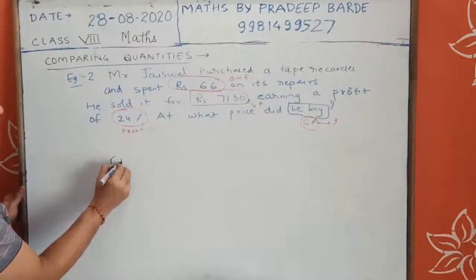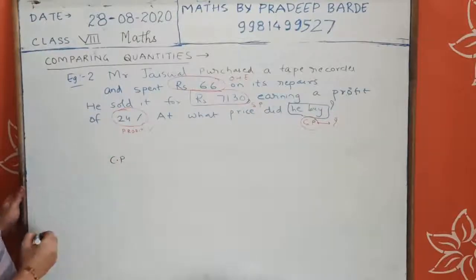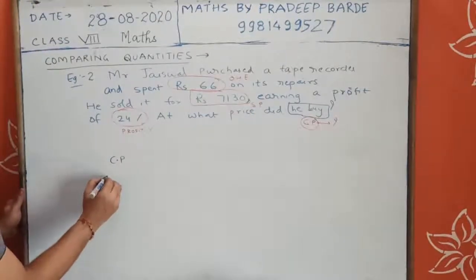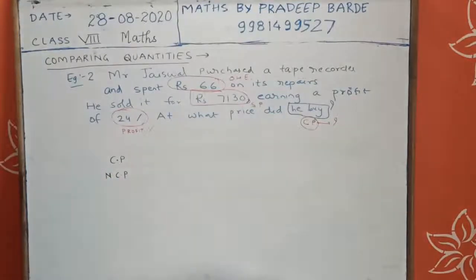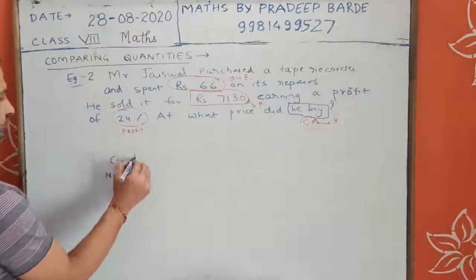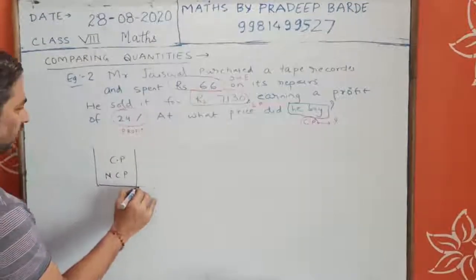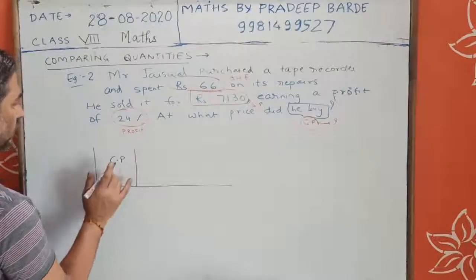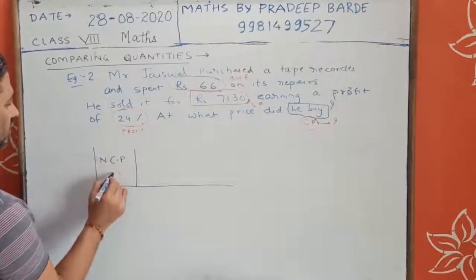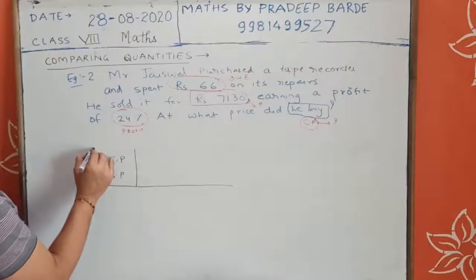Let's make a table. Cost price, net cost price. Here we'll be considering the net cost price. Net cost price and the selling price.